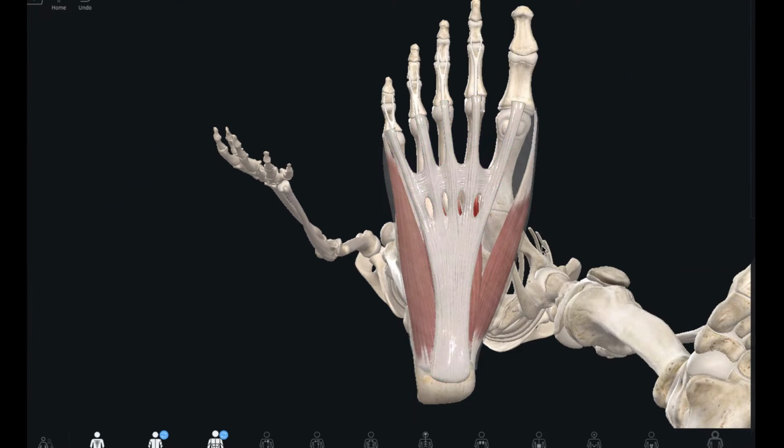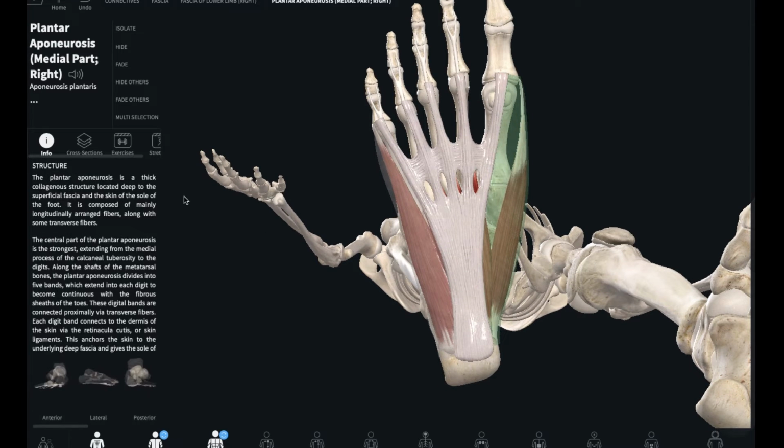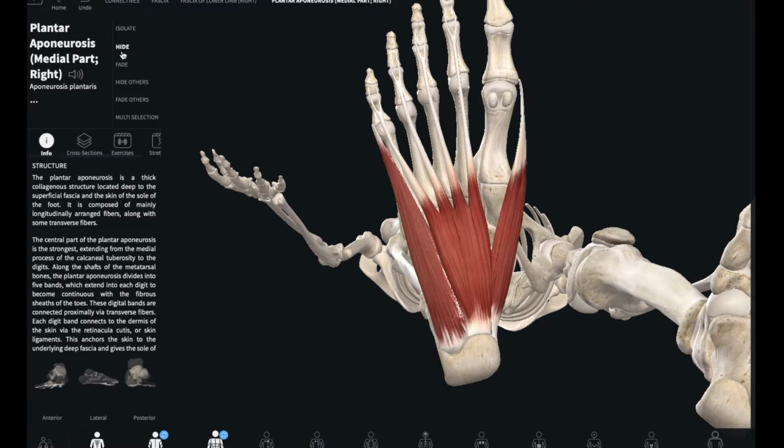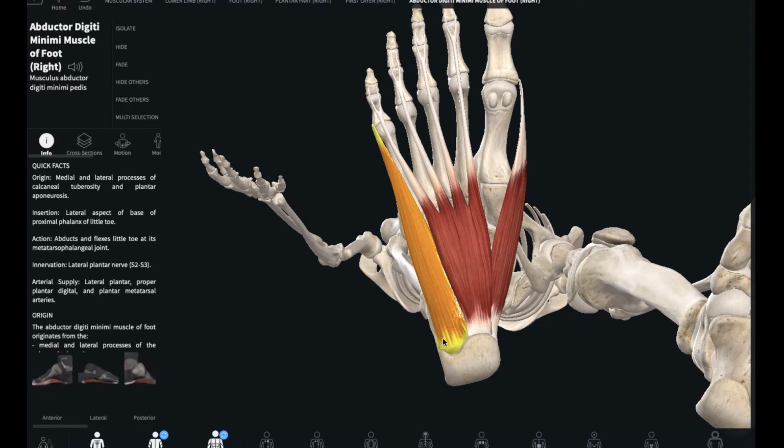Okay, so plantar aponeurosis. Let's just get rid of that. Okay, well, you kind of have the idea, the origin. And then the lateral aspect of the base of the proximal phalanx of the little toe.